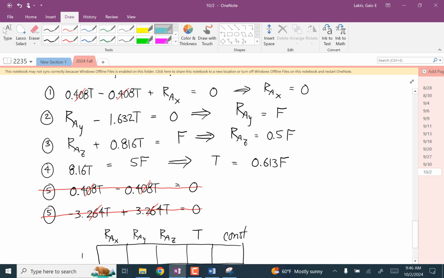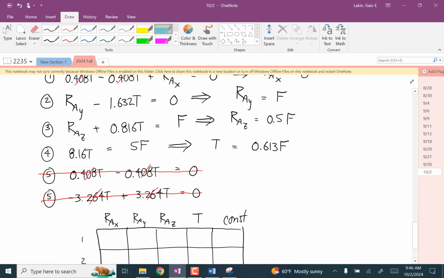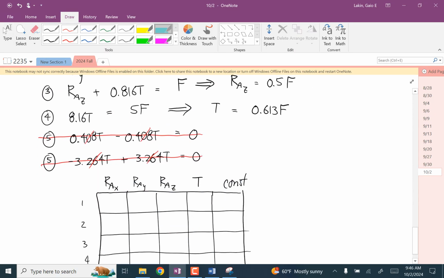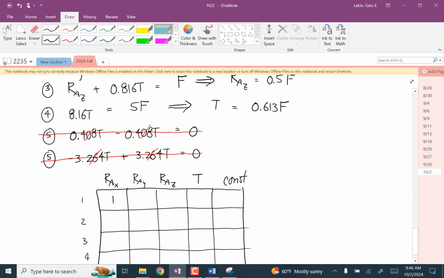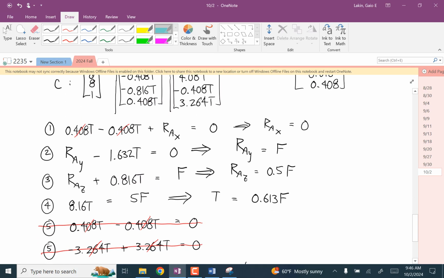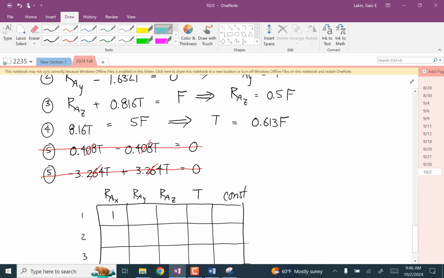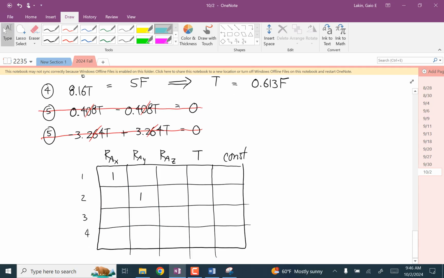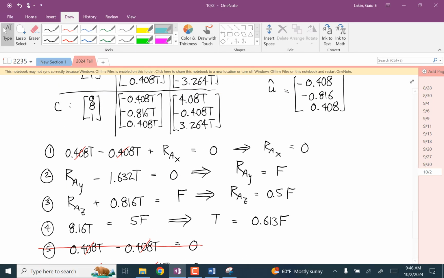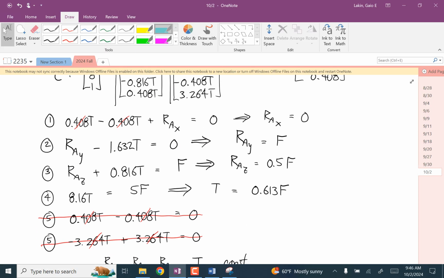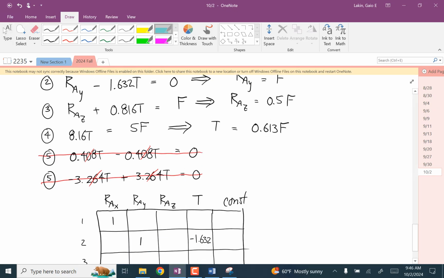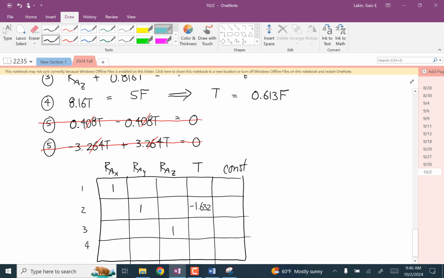Okay, so it's RAX. We got 1 of those, no constants. The second equation says RAY, negative 1.632. The third one says 1 RAZ.